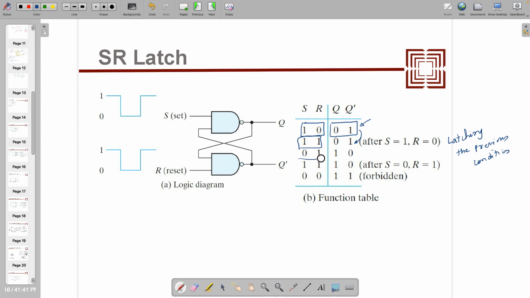In the case of 0 1, it's clear cut 1 0. If it is 1 1, again it's latching whatever was the previous. If it is 0 0, the outputs are 1 1, or it's forbidden, or an invalid state. Different books will have different names, but these are the things.